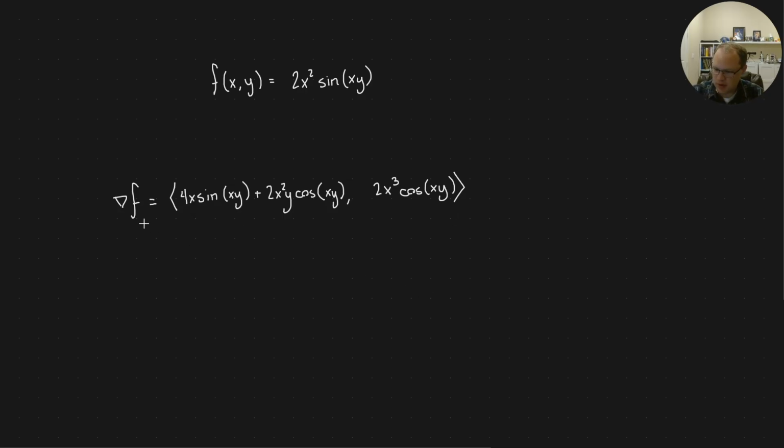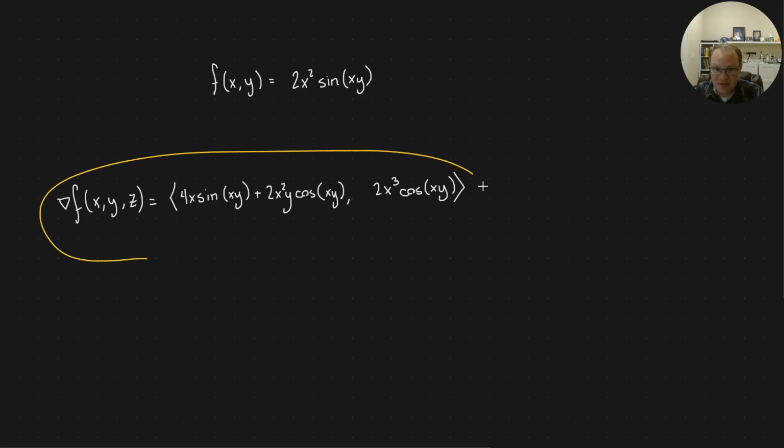Notice, and let me change the notation here, to actually include the of x, y. Notice this is a vector field.